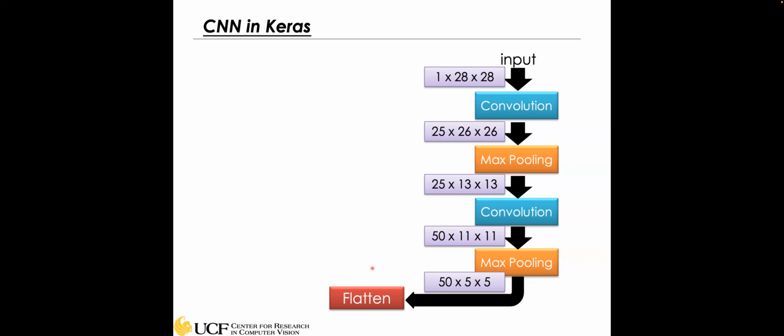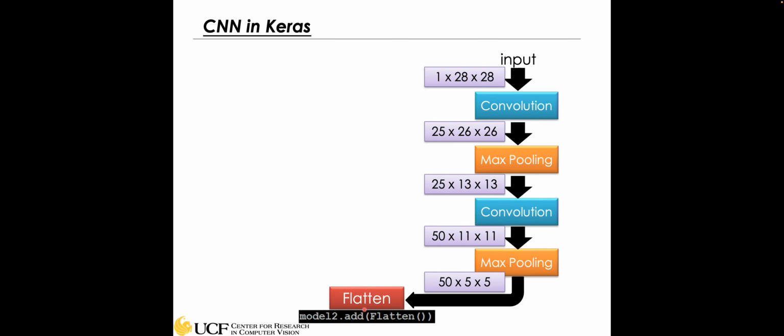The reason is that eventually we want every pixel to have the chance to connect to the neurons and exchange information, because previously we were just looking at local information because of the local convolutional operation. At the high level, because we reduced the size, eventually we want to use fully connected layers to exchange more information.